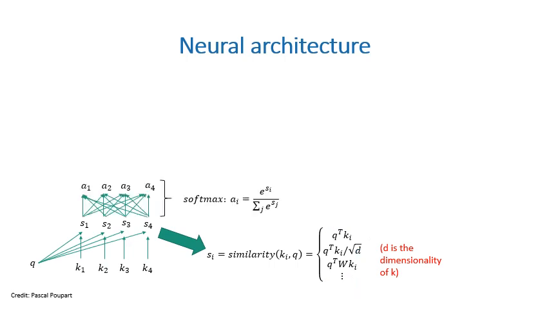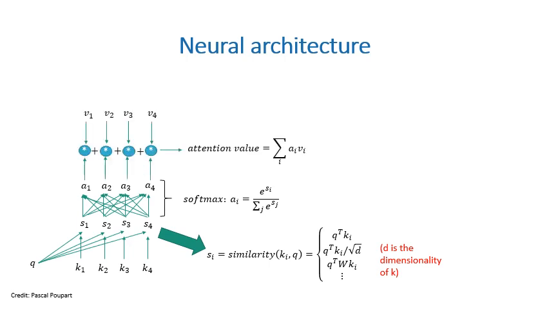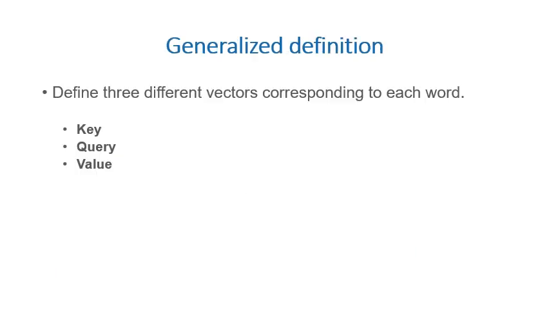Then you go through a softmax, and softmax uses all of these similarities to compute the coefficients, and then you use these coefficients as a weighted sum of the values, and that's going to be your new value. That's just the neural structure of what we have.